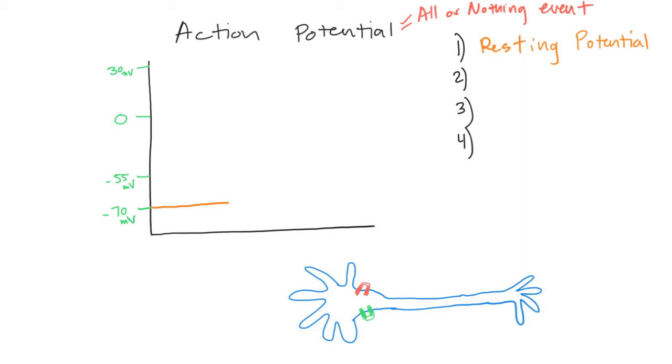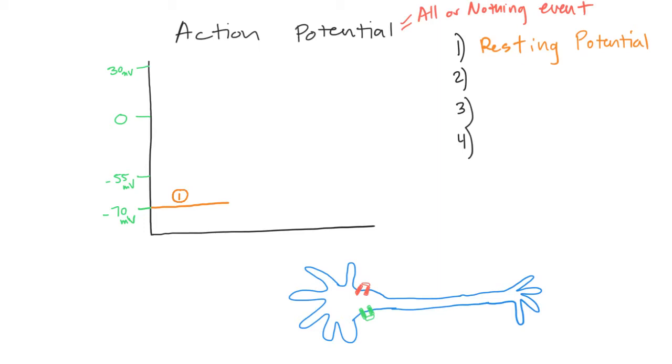So the difference between the ions inside and outside the cell is negative 70 millivolts. This is due to the leaky channels and the sodium-potassium pumps setting up that difference. So this is stage 1.